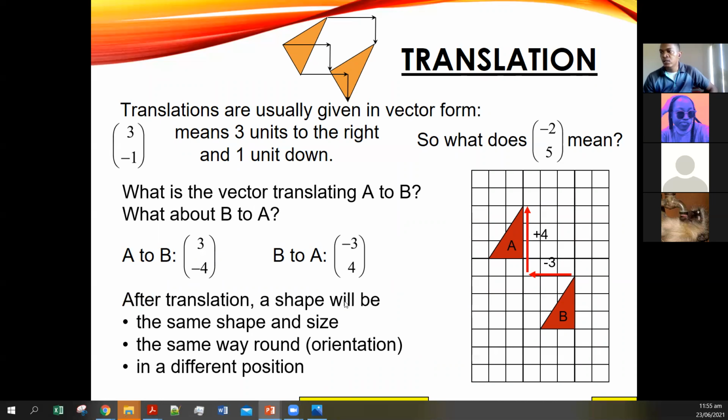So this is basically the definition of translation. A and B are identical. The only difference between A and B is where they are located, the position. Orientation means this point of A is facing up, and this point of B is also facing up.